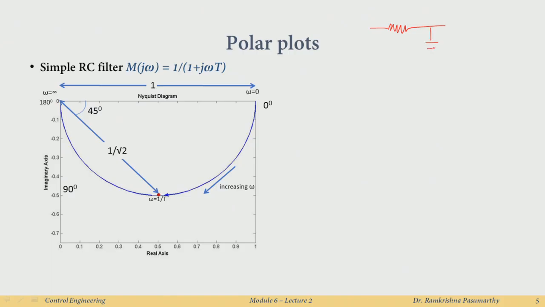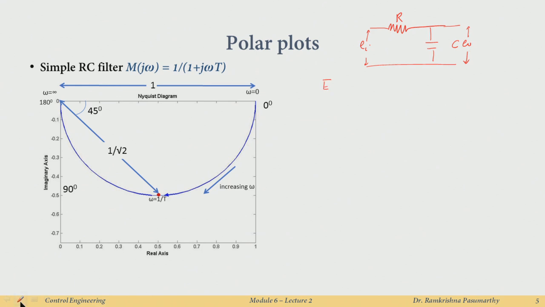We have done this while we were deriving basic transfer functions. So I have an R, I have a C, the input voltage here, and the output voltage here. Okay. So I will not derive the transfer function, but I will assume that you know this, right?